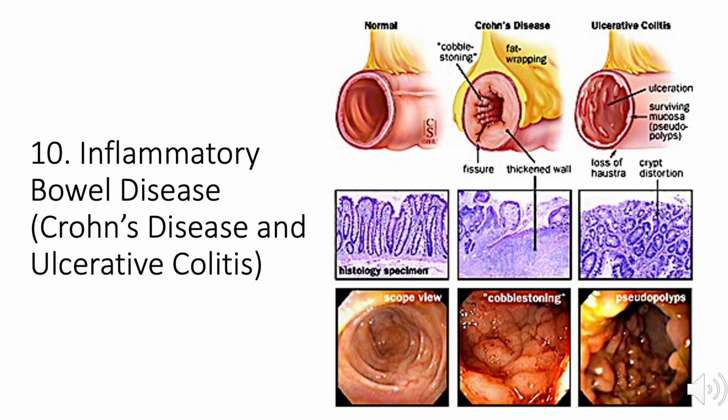It is thought that chronic inflammation is caused by an abnormal immune response towards the normal flora of the bowel. Crohn's disease can affect any part of the GI tract from the mouth to the anus, whereas ulcerative colitis occurs in the colon and in the rectum.